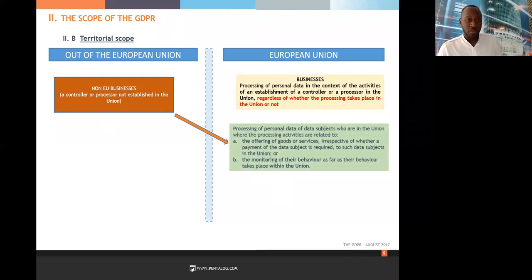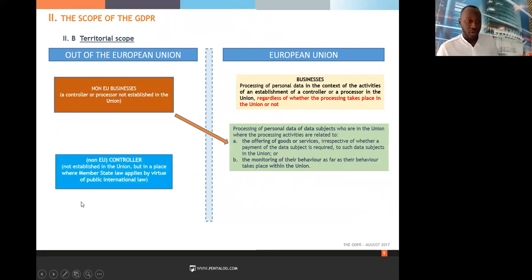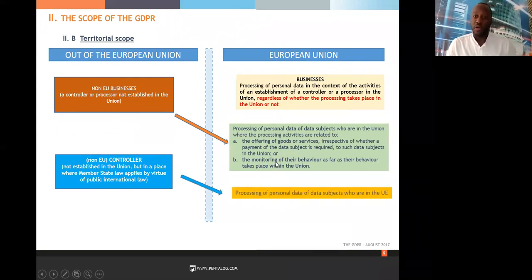If you are a non-EU business and you're processing personal data of data subjects who are in the Union, where the processing activities are related to the offering of goods or services or related to the monitoring of behavior as far as the behavior takes place within the Union, the GDPR applies to you. And if you are a non-EU controller, not established in the Union, but in a place where member state law applies by virtue of public international law, and you're processing personal data of data subjects who are in the EU, the GDPR applies to you.